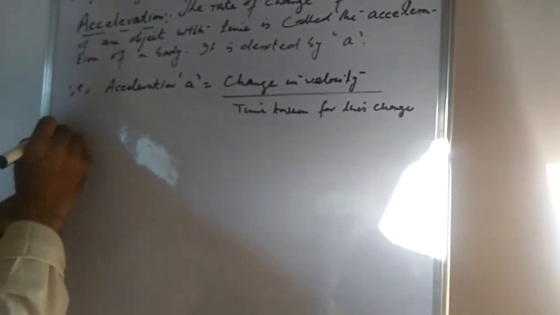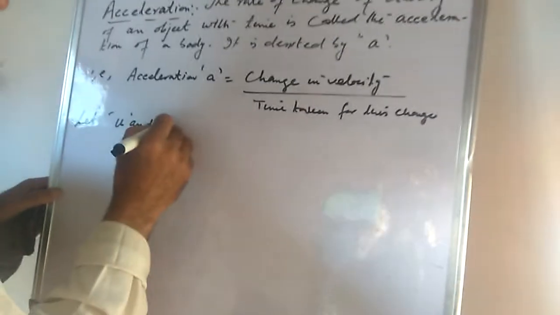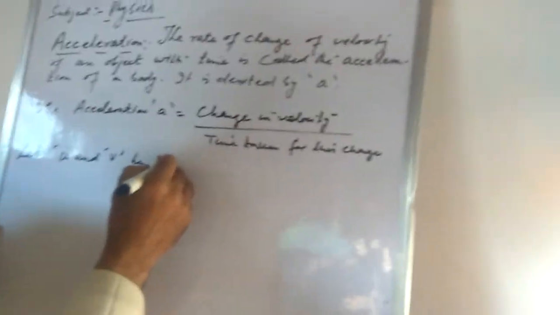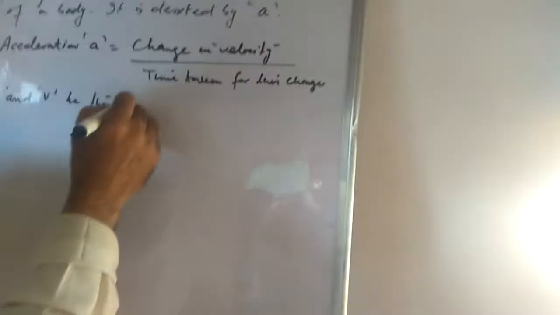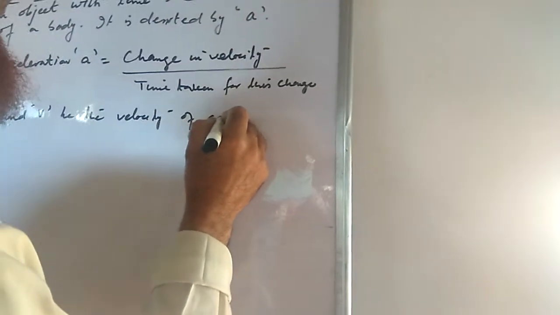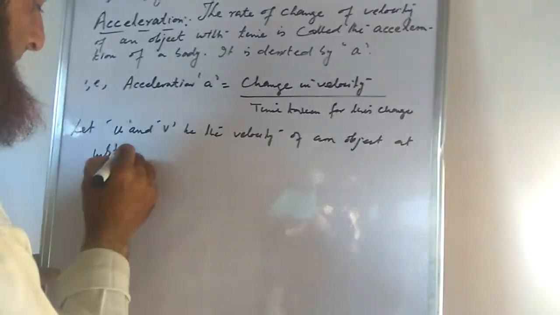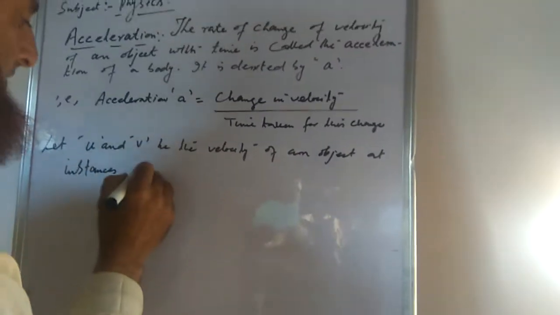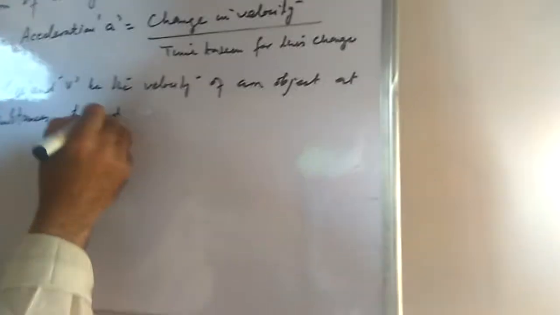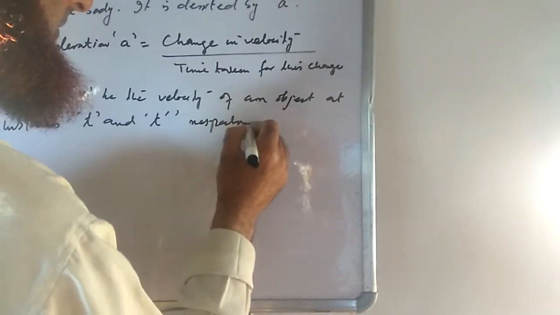Let u and v be the velocity of an object at instants t and t dash respectively.